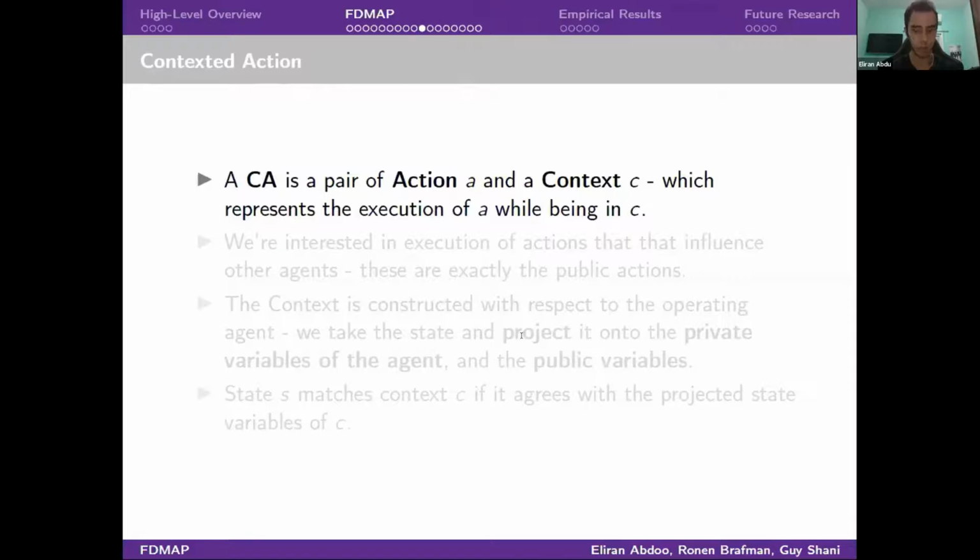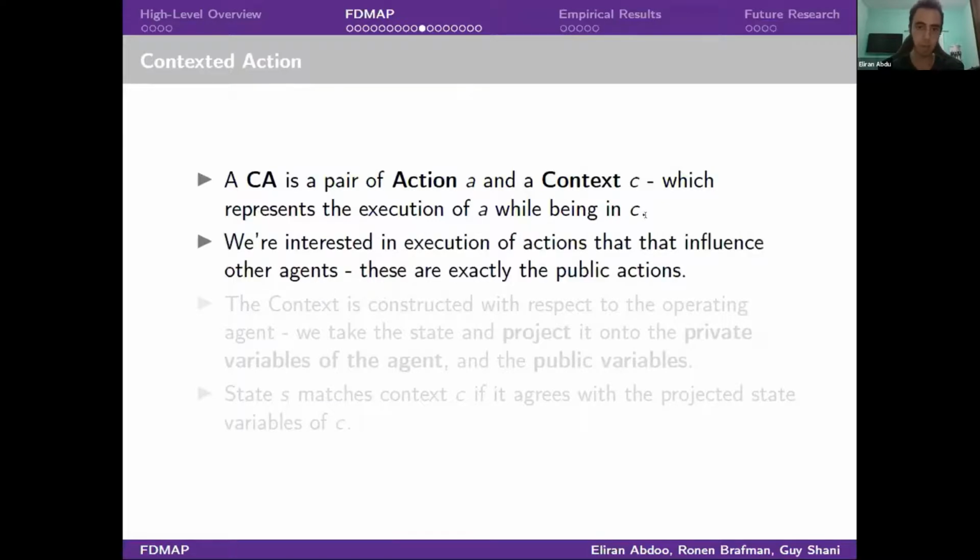Now the context is some projection of it that basically manifests the idea of what we said previously, which is narrowing the agent's perspective. So we're interested in exactly those CAs, or context actions, of actions that influence other agents. Basically, the ones that match any public action of the agent.